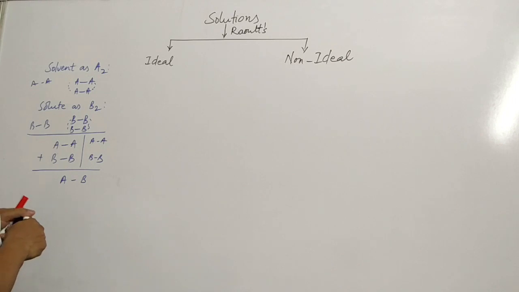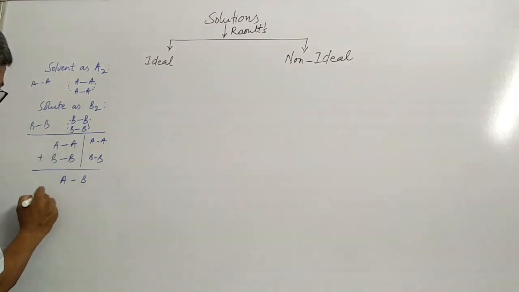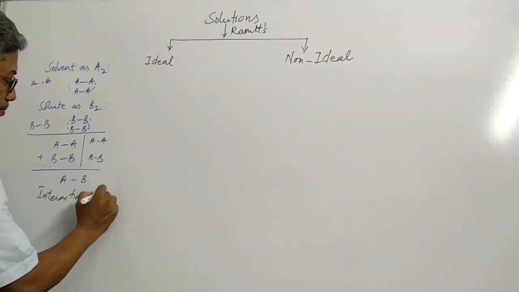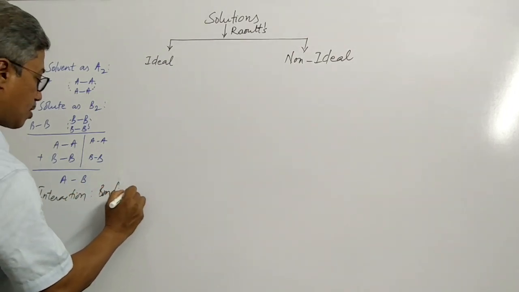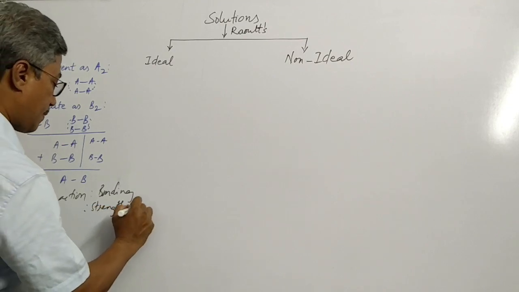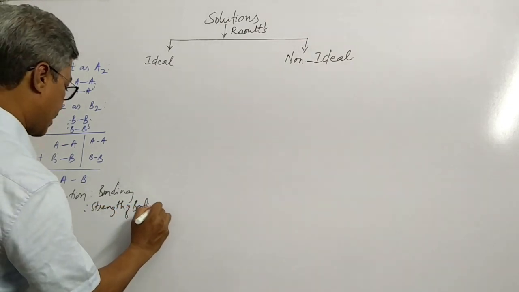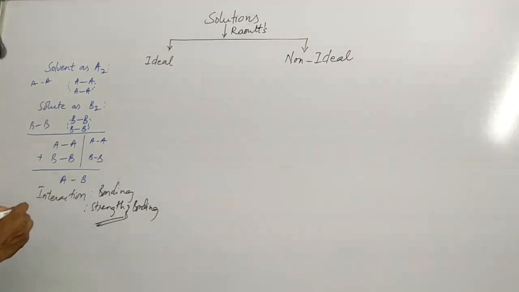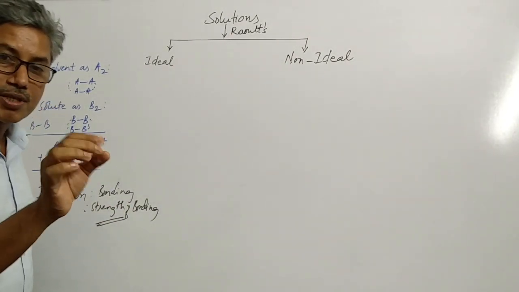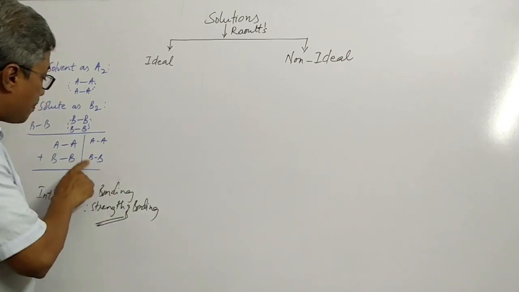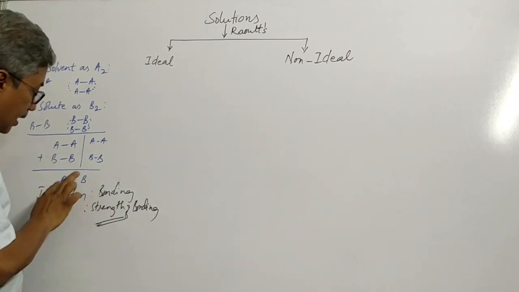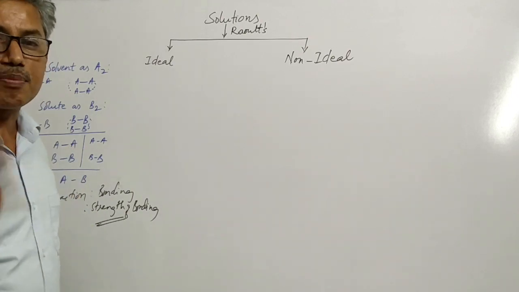The word interaction means bonding. It also means strength of bonding. Whenever I say A-A interaction, it means A-A bond strength or A-A bonding. B-B interaction means B-B bonding. Then A-B interaction means A-B bonding.